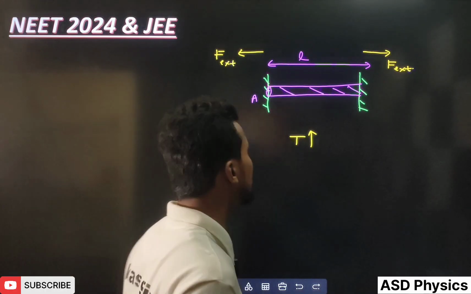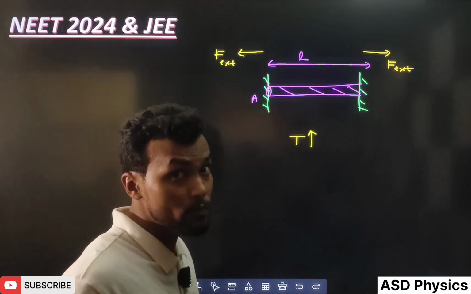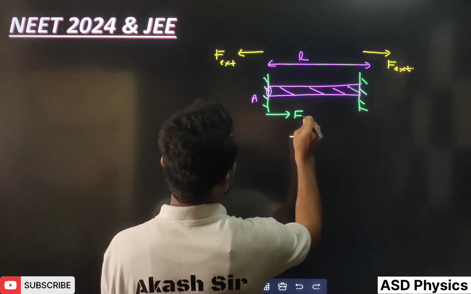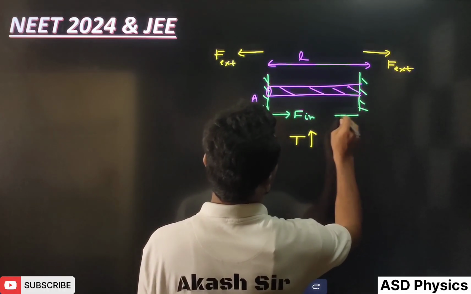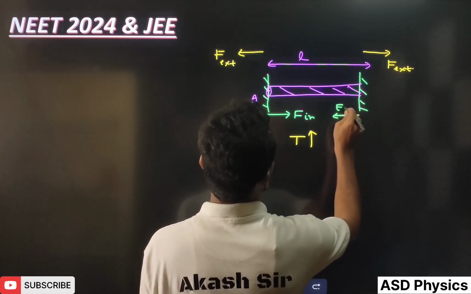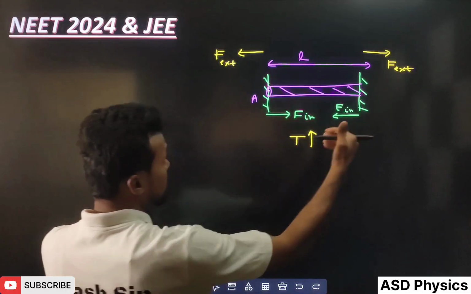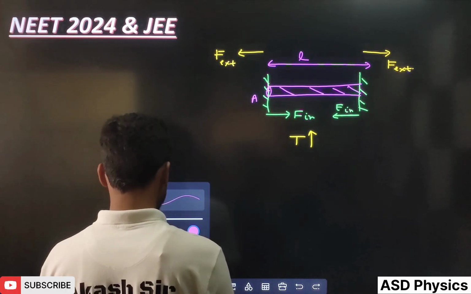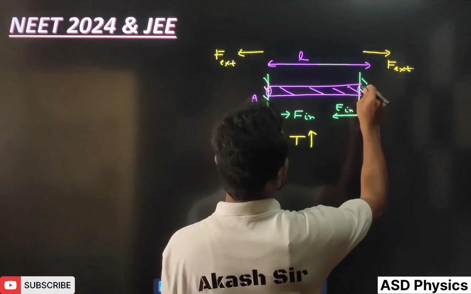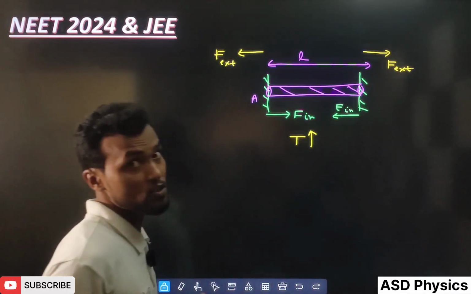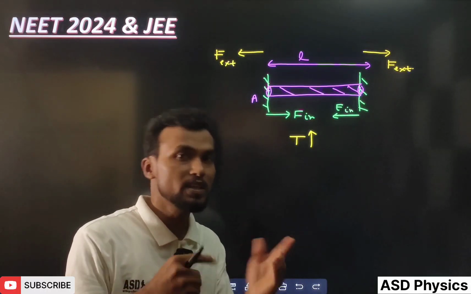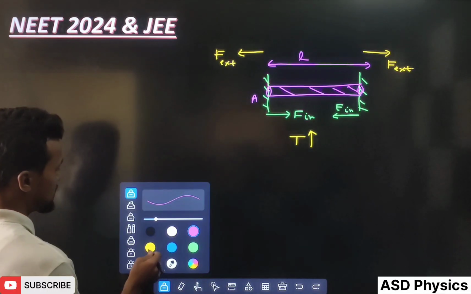So this external force should be nullified by a compressive stress, that means F internal. This internal restoring force will develop in the rod to nullify this external force. I hope you understood very well. If you are decreasing the temperature, then the situation will be reverse.